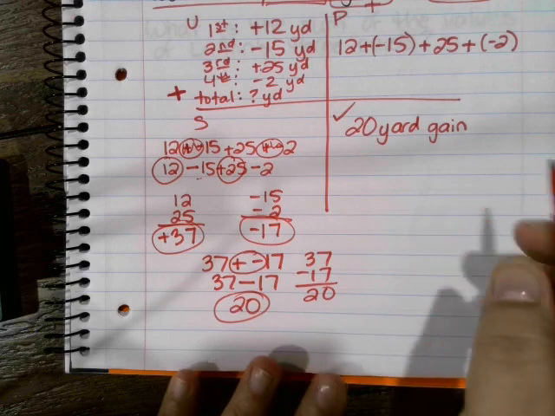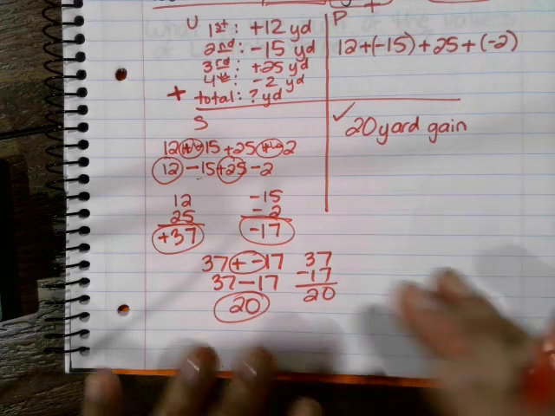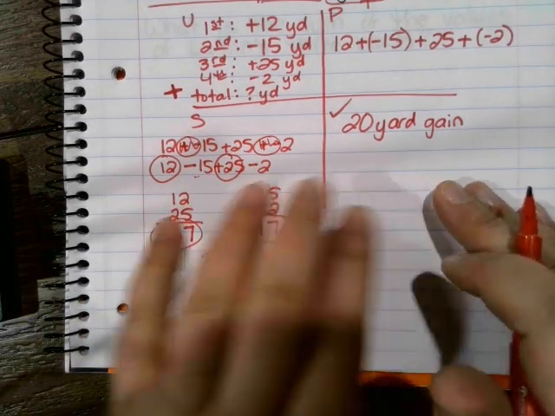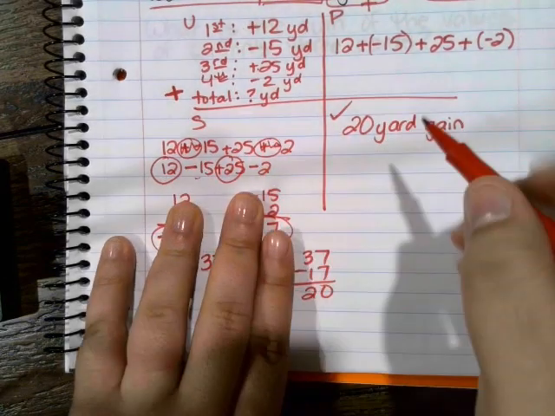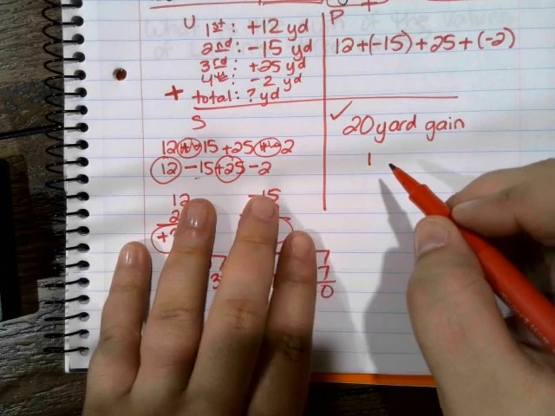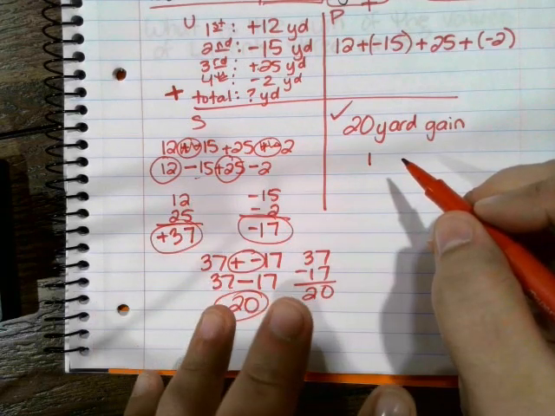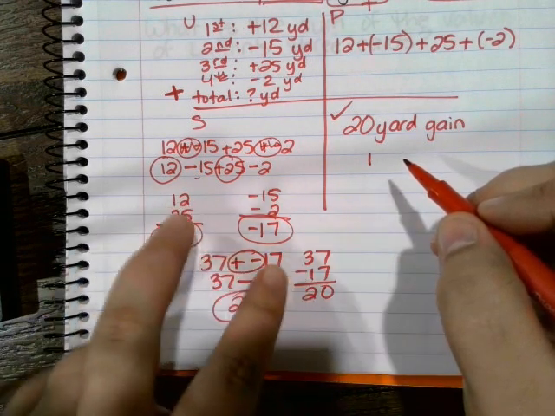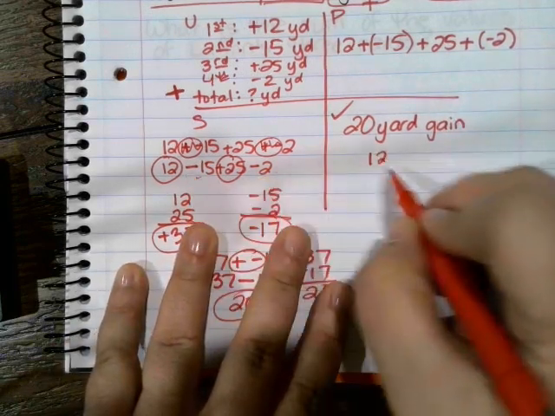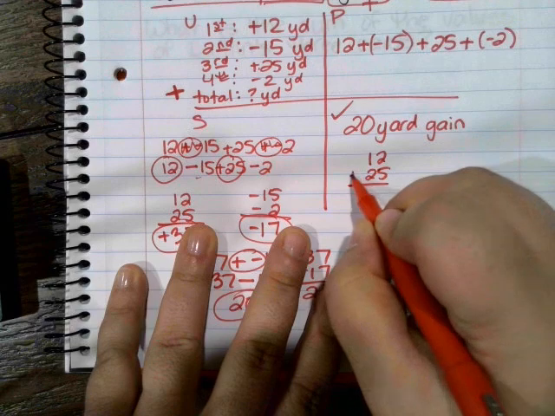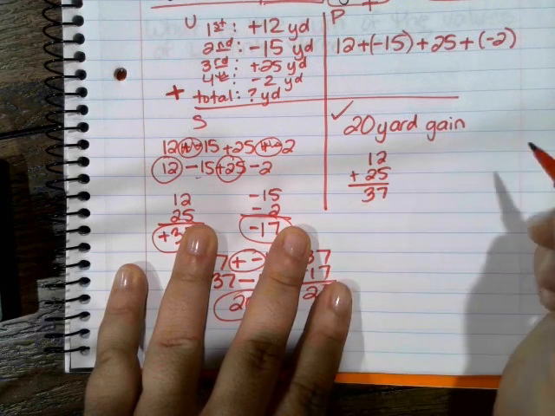Alright, and to check it, I'm just going to redo my problem again. Not check my work, I'm going to redo it completely, because I want to see if I did this correctly. I'm less likely to make a mistake twice than I would, and I wouldn't catch it if I just looked at my work. So I'm going to take my 12 and my 25. They were the same, so I'm going to add them up: 37.